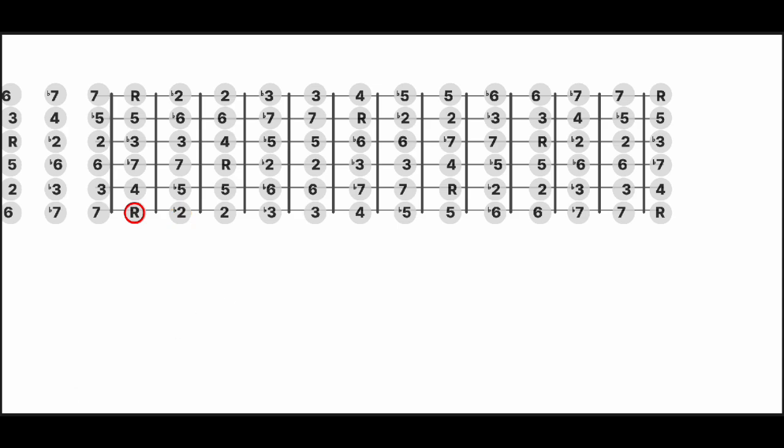The next one is going 2 frets. That's called a major second. And we have minor third, major third. The fourth is called a perfect fourth. It does not have a flat version or minor version. Similarly, the fifth is called a perfect fifth and does not have a flat version or minor version.